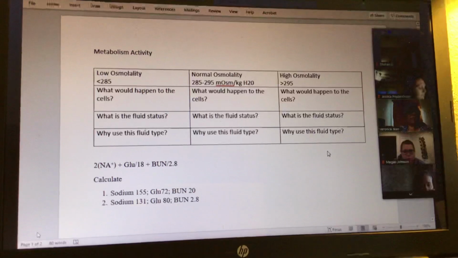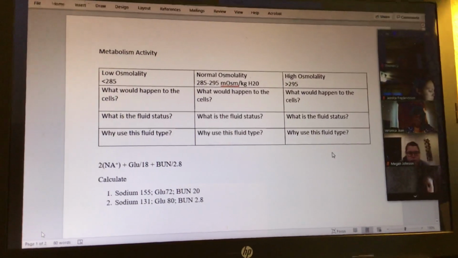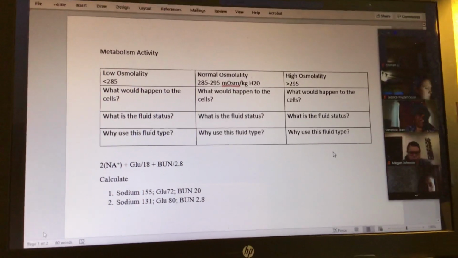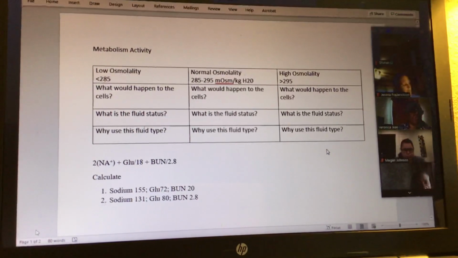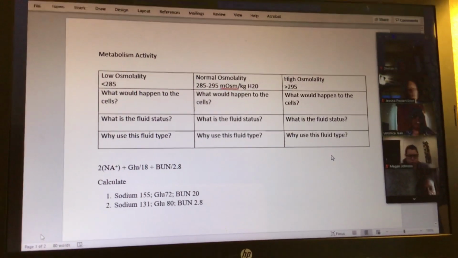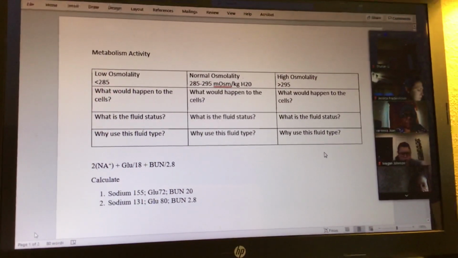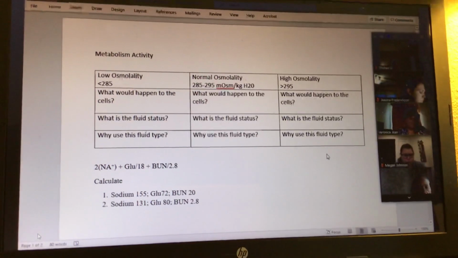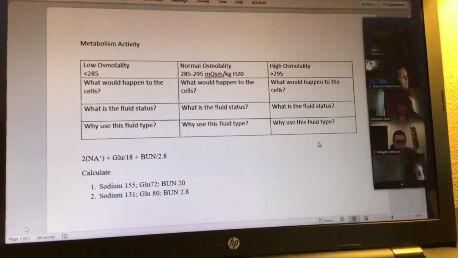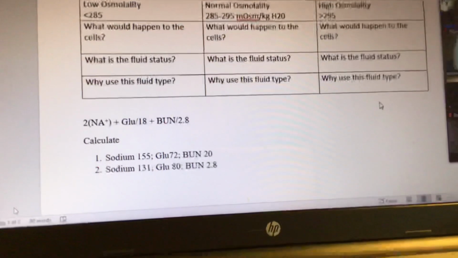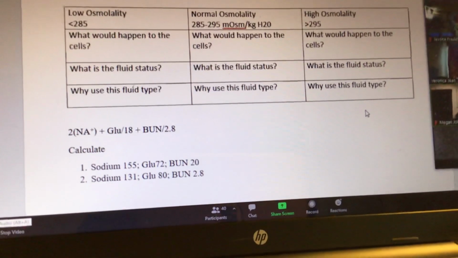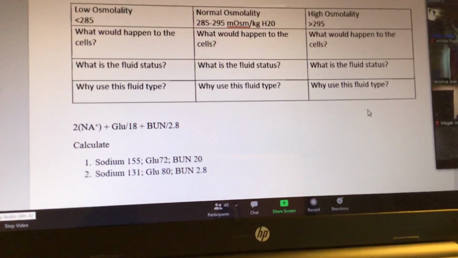Just think, the best way to do this is to think about when you've got too much fluid, because your osmolality is too low. So when you've got too much fluid in a balloon, it just swells until it ruptures. All right. So what is the fluid status of this patient, which I just said? Fluid volume overload. Exactly. This patient is in fluid volume overload.